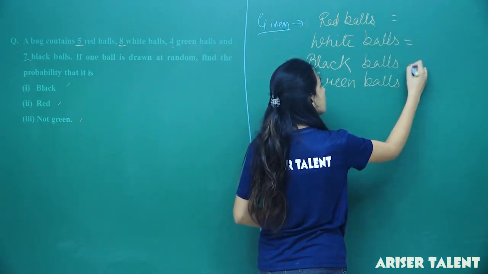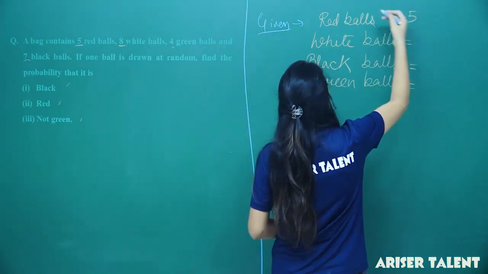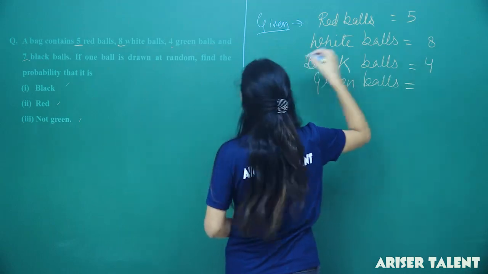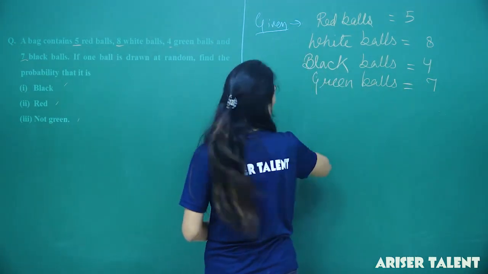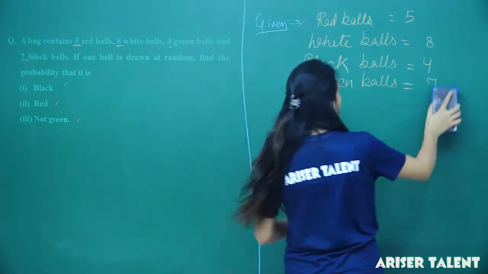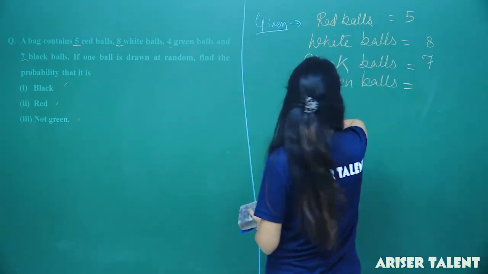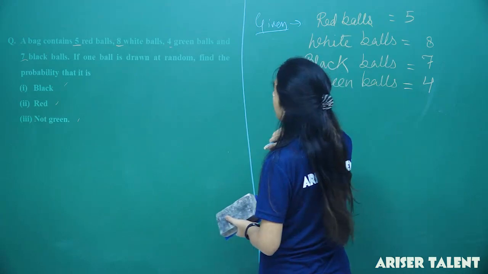So, I am having red balls equals to 5, white balls equals to 8, green balls equals to 4, and 7 black balls, right? 7 black balls, green balls 4, 8 white balls and 5 red.